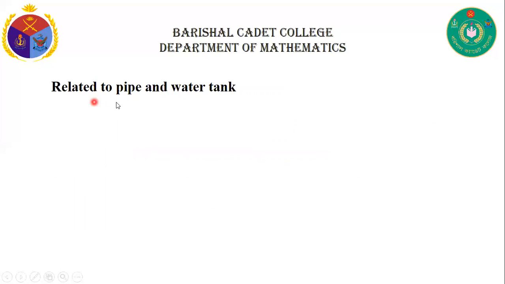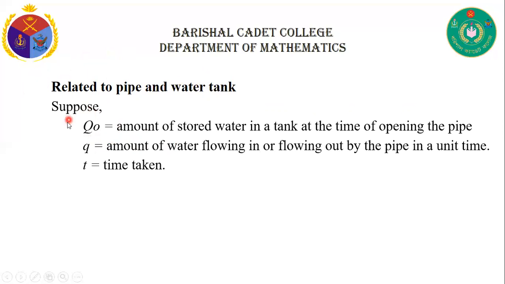Okay, related to pipe or water tank. That's a very critical problem. If you understand this formula clearly, then it is okay. So, suppose Q naught means the amount of water stored at the initial time, or time of opening, at time zero. And q equals the amount of water flowing in or flowing out by the pipe in a unit time, and t equals time taken.